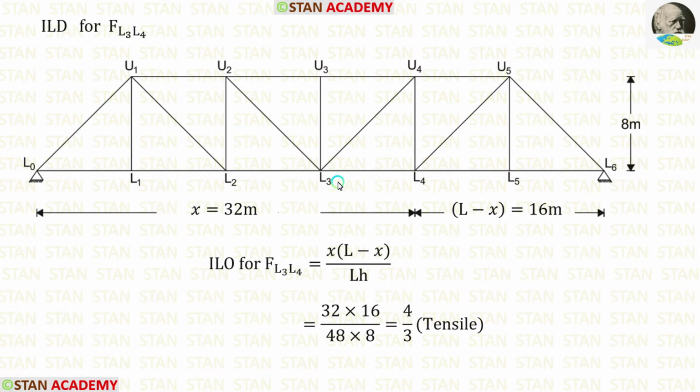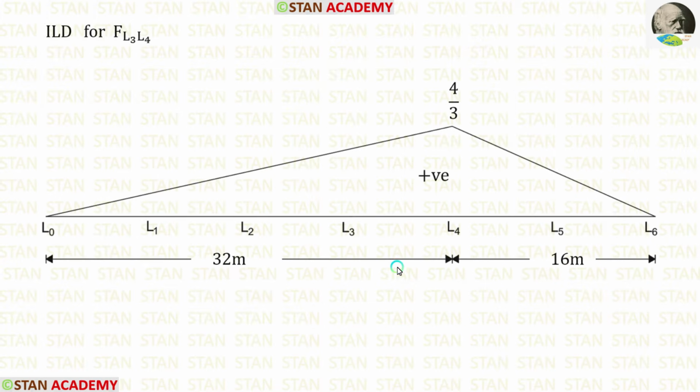Now let us make ILD for L3, L4. L3 and L4 are meeting in the point U4. So we have to make the ordinate in L4. For the ordinate we are getting 4 upon 3. Using that we can make the ILD.